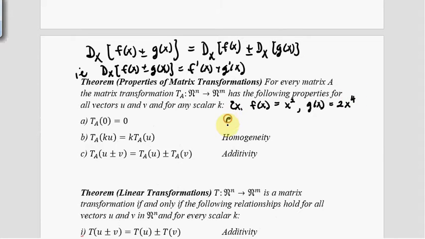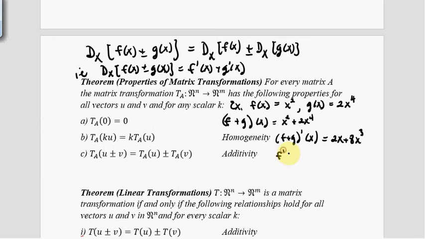Now, if we look at them together, f plus g of x is equal to x squared plus 2x to the fourth. So if I take the derivative of f plus g of x, this is the same thing as 2x plus 8x to the third.